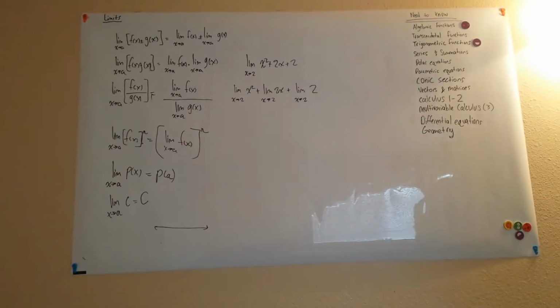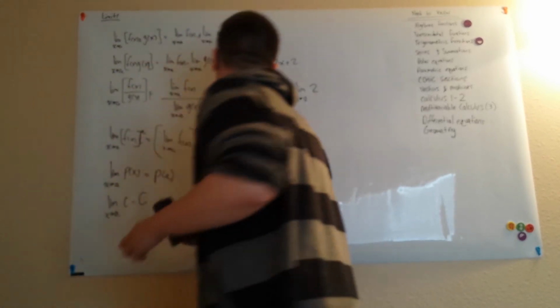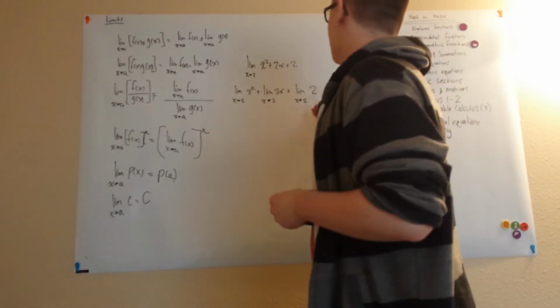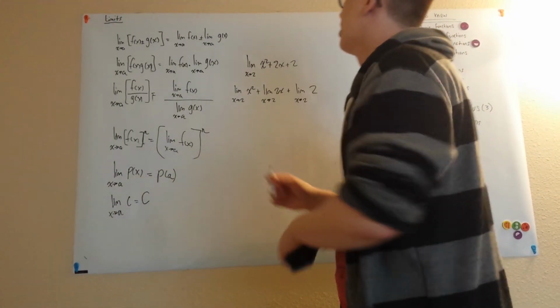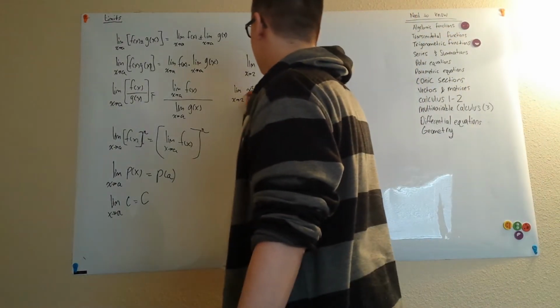So I can separate all these, and then I can use all my rules. All of my rules. I can say, well, that's a polynomial.